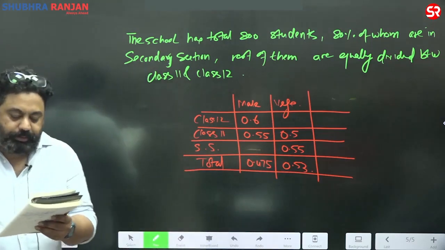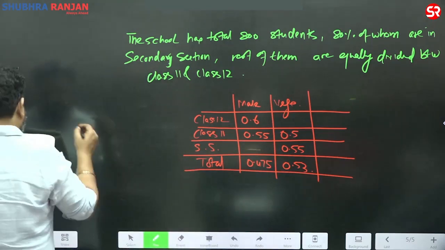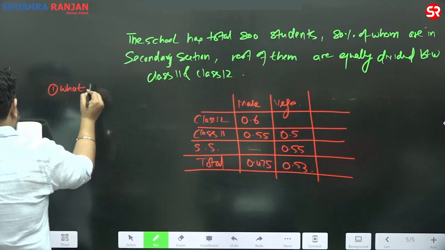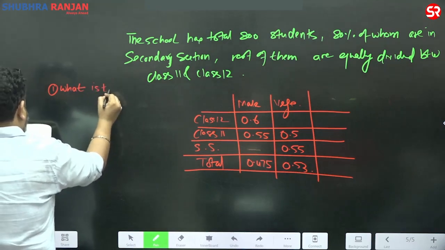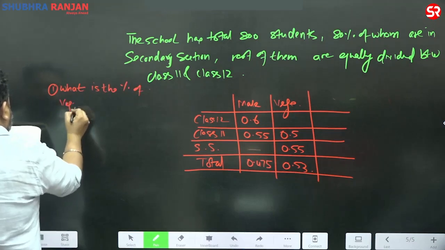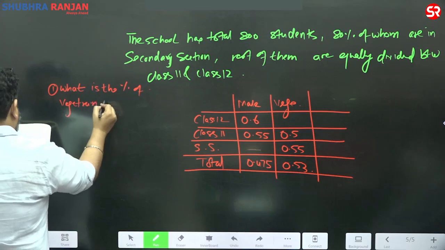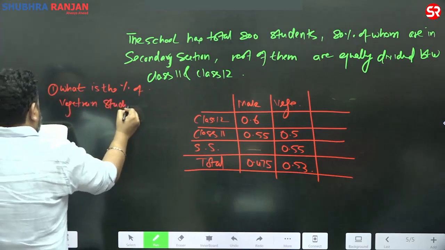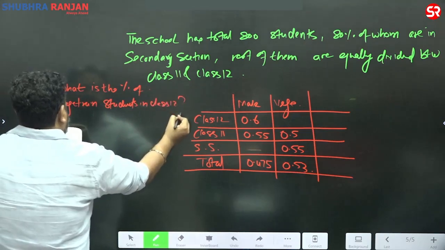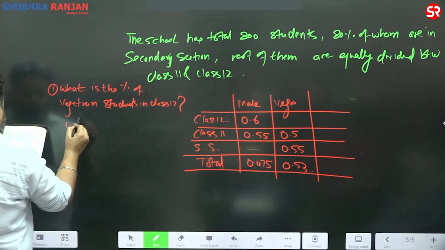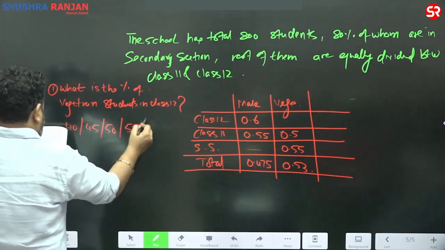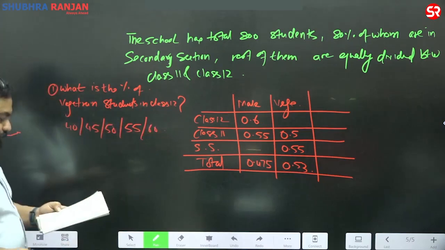So the question is, what is the percentage of vegetarian students in class 12? Let's see.